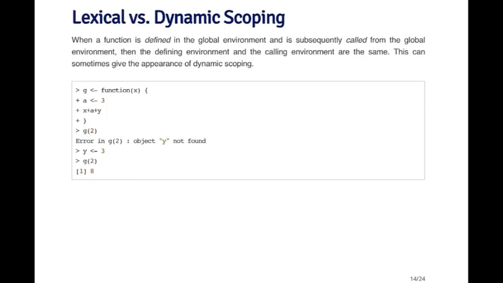So that's what I get in this line here. Now, if I define what y is, say I assign it to be 3, and I call g of 2, then it returns 8 because now it's able to find y in the global environment. So even though it looks like the value of y was looked up in the calling environment, it's actually the defining environment, because g happened to be defined in the global environment.